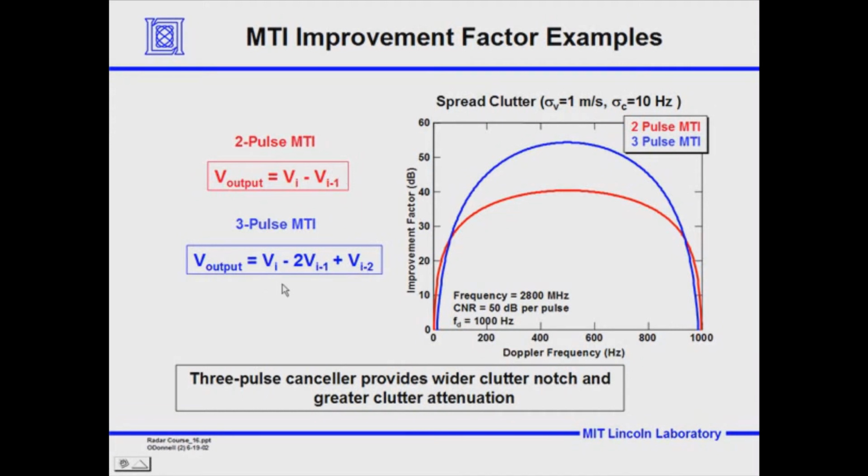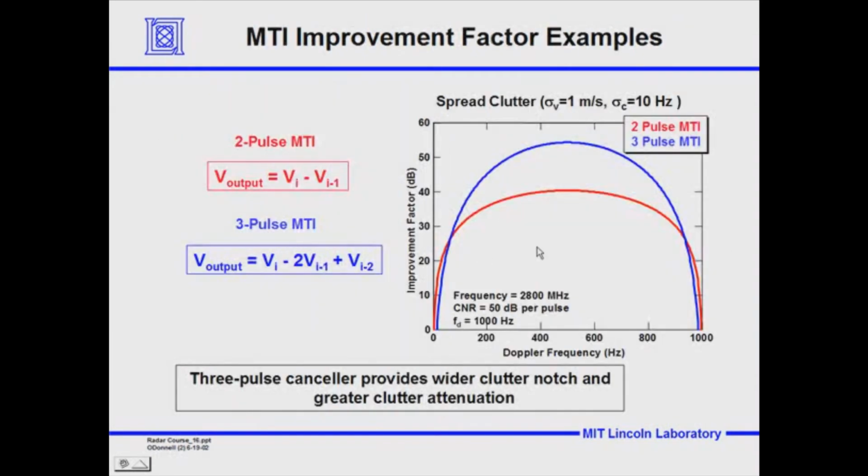This is algebraically what that would be. And in blue we see the 3-pulse MTI. These are calculations made with the ground clutter spread of 1 meter per second, which is 10 hertz. And notice that the 3-pulse canceller provides a wider clutter notch and much greater clutter attenuation. You have much better MTI attenuation of the clutter.